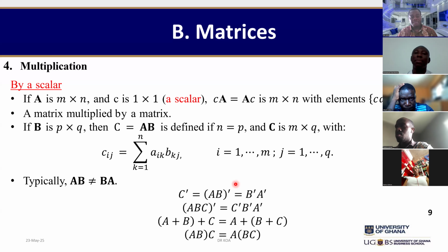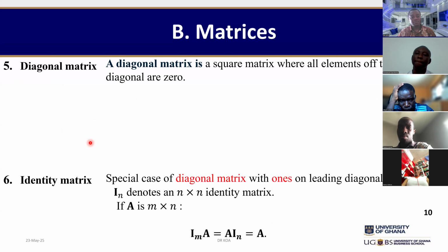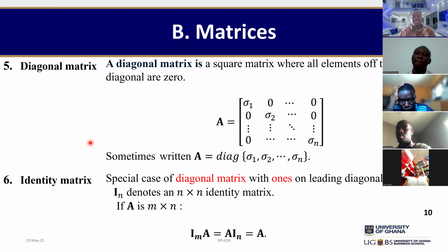All right, let's go to the last one, hopefully, a diagonal matrix. Now remember, I'm going to ask you the difference between a diagonal matrix and a square matrix. So keep that in mind. I've already explained what a square matrix is. A diagonal matrix is a square matrix where all the elements outside the main diagonal are 0.